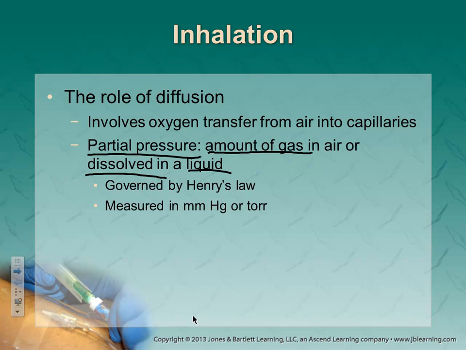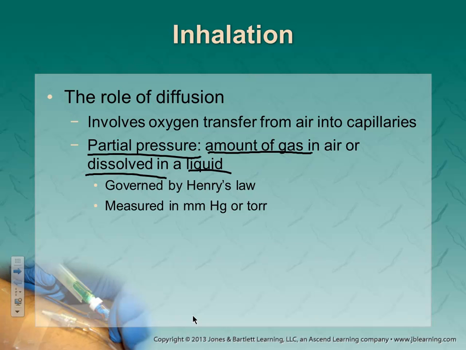So in order for that gas to be diffused into the solution, it has to have pressure to push it in. As the pressure of a gas over a liquid decreases, the amount of gas dissolved in the liquid will also decrease. So if that pressure outside of the blood does not remain constant, then the amount of oxygen in the blood is going to decrease as that pressure starts fading away and isn't there to keep it pushed into the liquid.